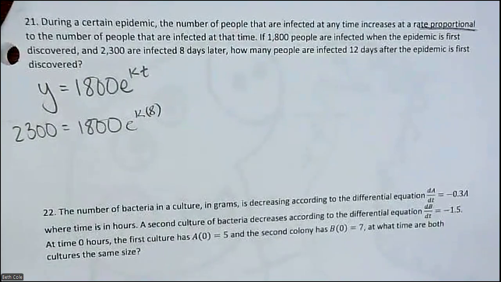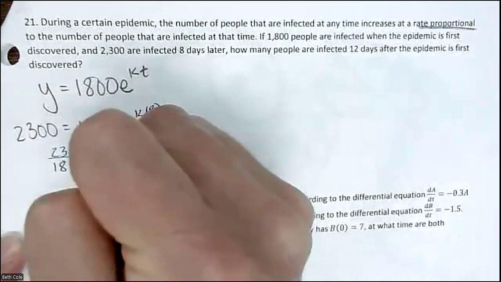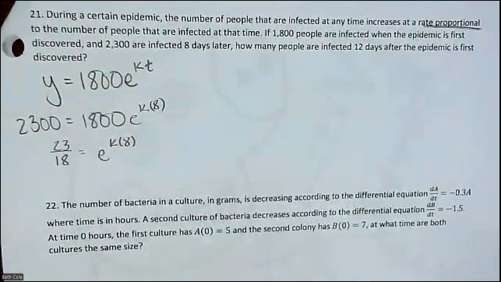And then you solve that. So what do you do to both sides? Divide by 1,800. Now, I know you get a calculator. Try to focus. We only have a couple more. Don't reach for the calculator until the very end, okay?